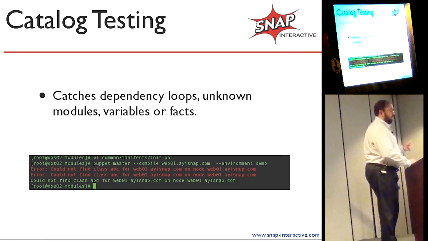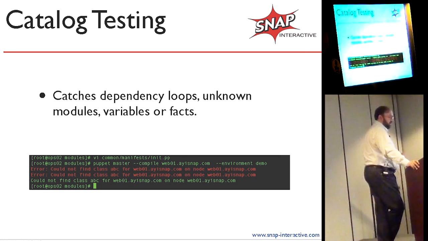Okay. Now, what does catalog testing catch? It catches dependency loops, and missing modules, variables, or facts. Things where you're declaring something should have been there, but isn't, and therefore the whole system breaks. This will help when you move from, say, a web server. You've added a package, you've added a module, or something along those lines, or a class. You're calling a class that doesn't exist.